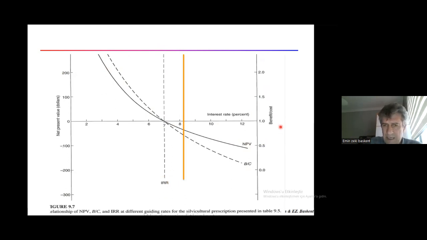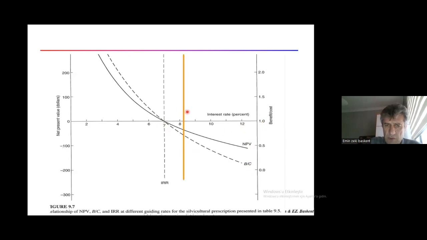As you can see, if net present value becomes 0, then the internal rate of return crosses with the net present value and benefit cost ratio over here. Benefit cost ratio becomes 1 at the intersection of net present value and the benefit cost ratio.